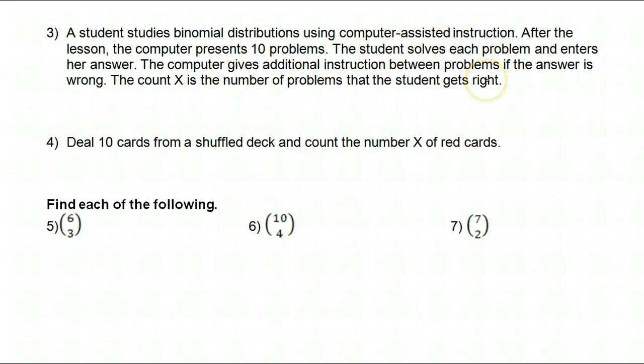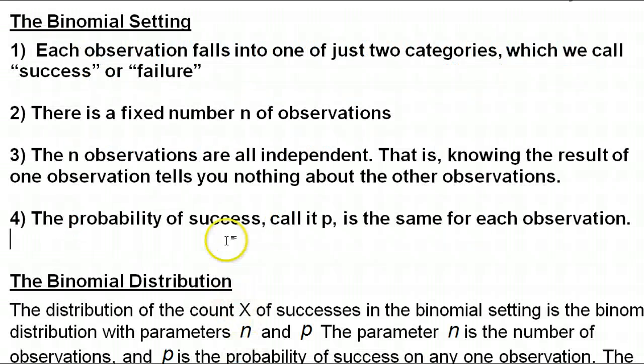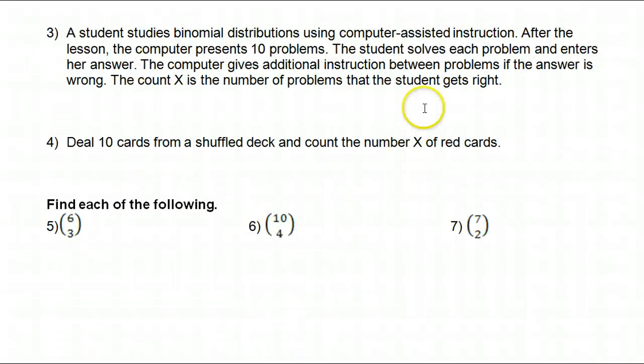So it's satisfying a lot of criteria, but the one it's messing up on is item number 3, the observations are independent. Knowing the result of one observation isn't supposed to tell you anything about the other observations. But this says that if you get the wrong answer, the computer gives you additional instruction. So it's like they're giving you hints and more information, and that is going to influence how you do on the other problems.